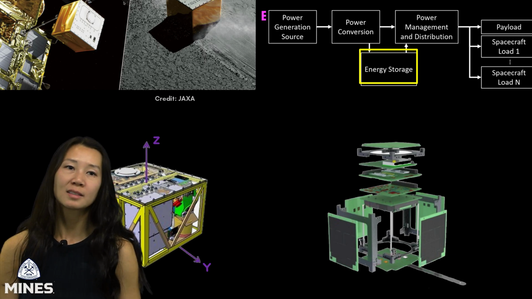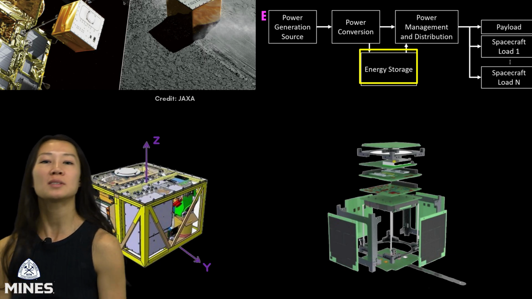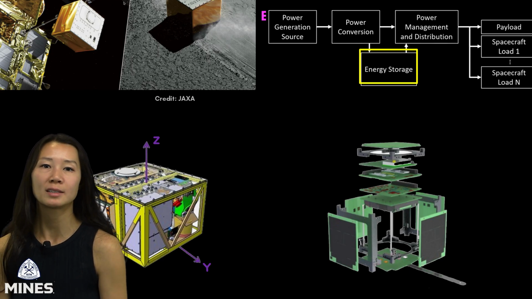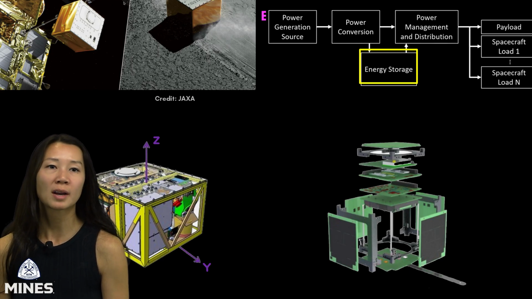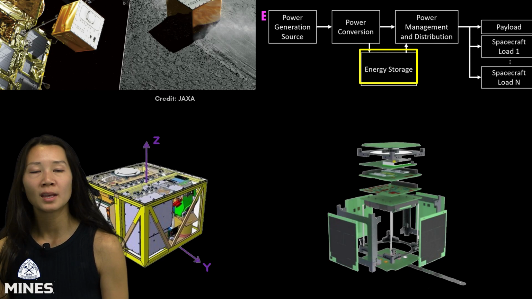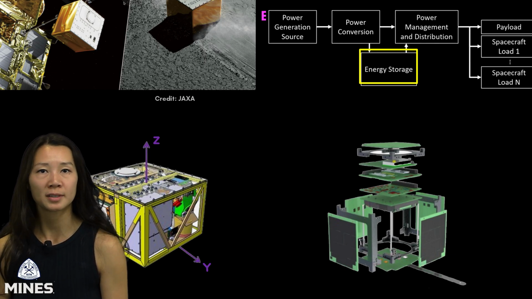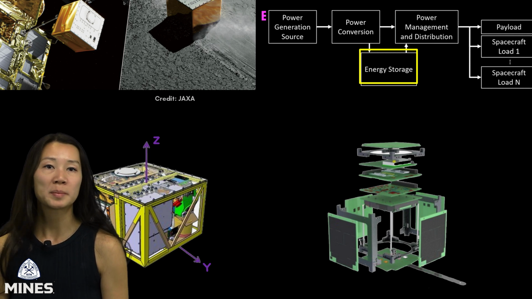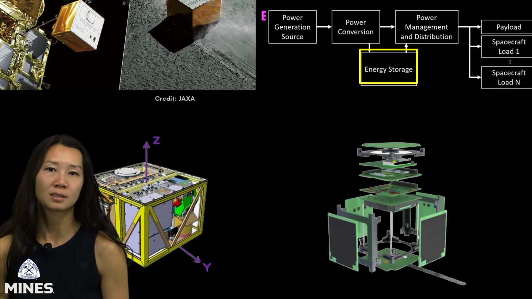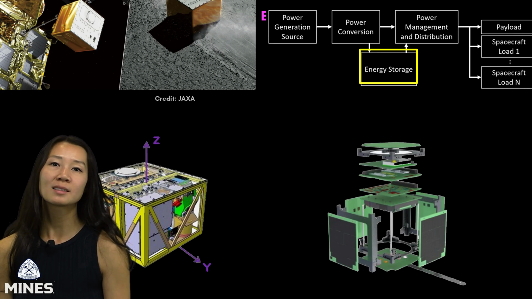On the other hand, the Artemis CubeSat kit uses lithium-ion secondary batteries, which are rechargeable and paired up with solar panels. This setup is ideal for long-duration missions, where energy needs to be cycled across day and night or eclipse periods.